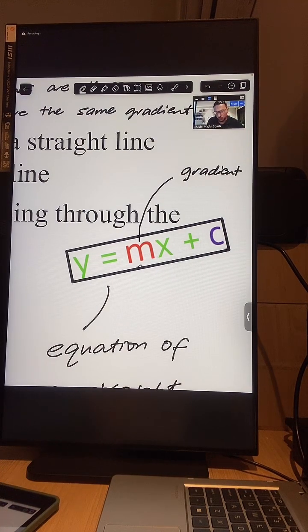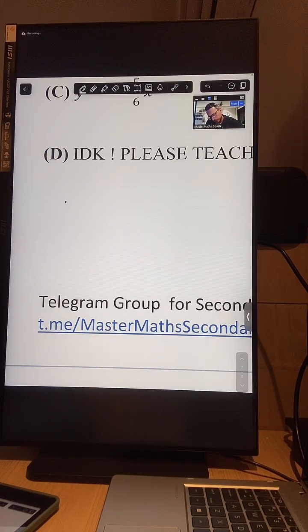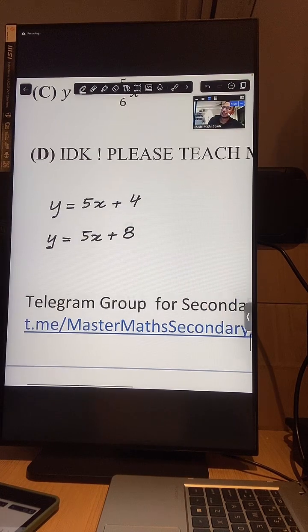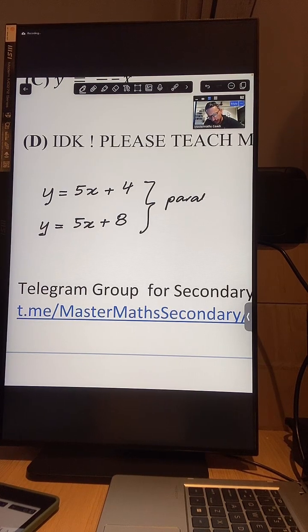So, just to provide a bit of background, if I were to have y equals to 5x plus 4 and y equals to 5x plus 8, these two lines would be parallel. Why? Because this is 5, this is 5.